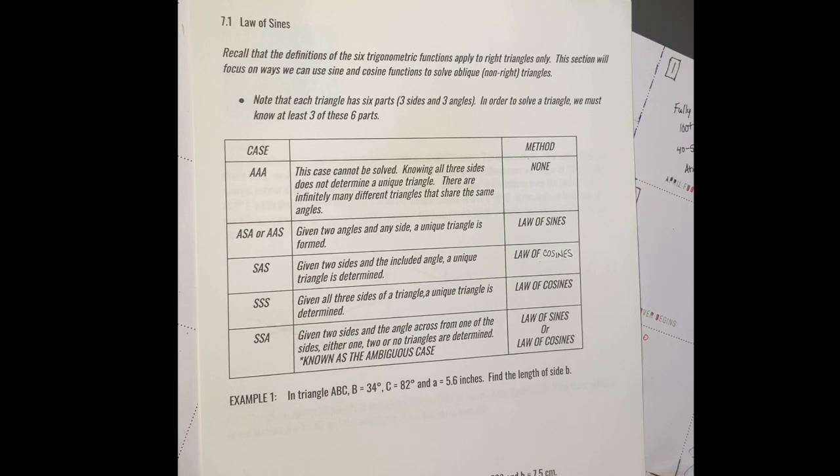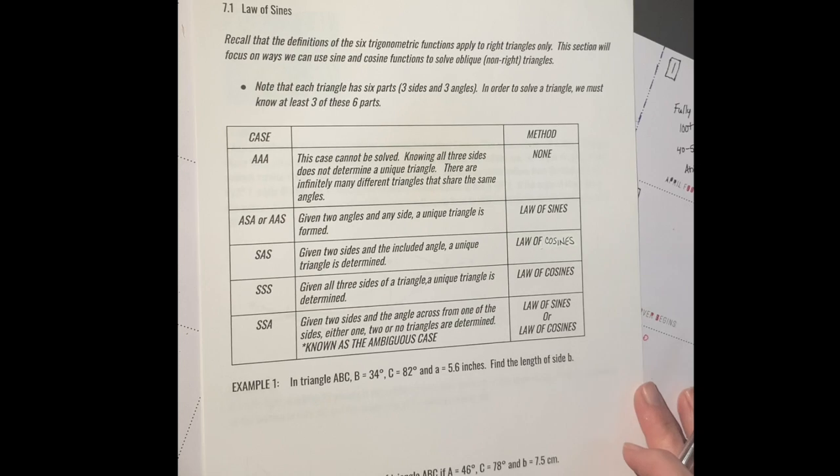So it's ambiguous because we don't really know. You have to look at each on a case-by-case basis to determine: is it a case where there is no triangle that works with those sides and that angle? Is there one unique triangle that works, or are there 2 different triangles that can have those 2 sides and that one angle? In that case, you would have to look at both. There could be 2 answers to that problem.